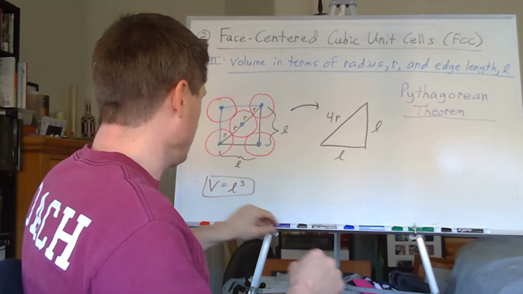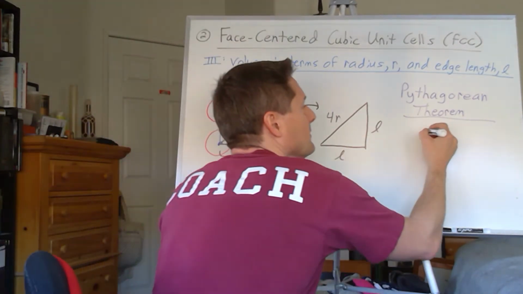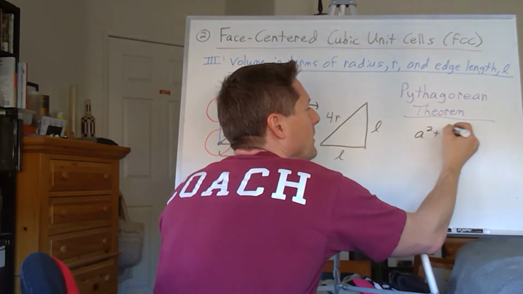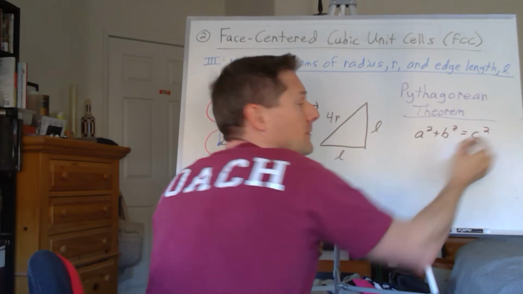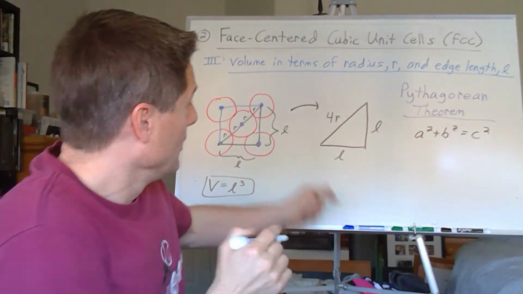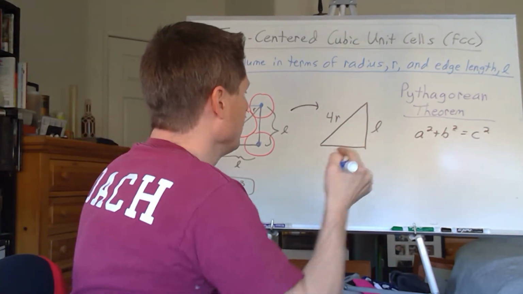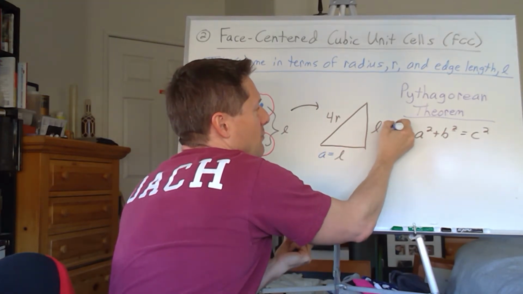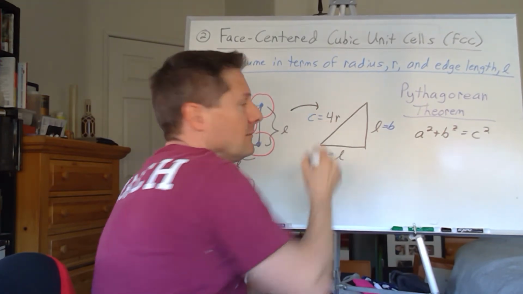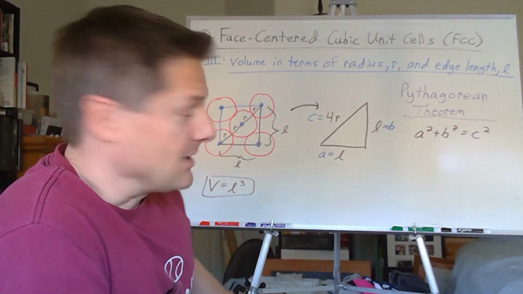So here's that theorem. Let's do this in brown. So a squared plus b squared equals c squared. Remember that? So let's do the terms of these. So this would be a, this would be b, and the diagonal is c, correct?